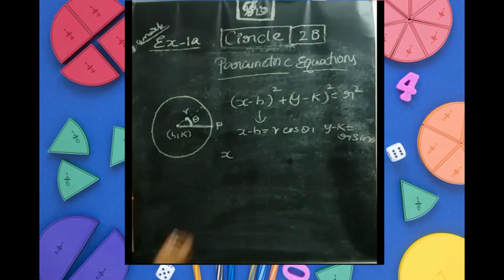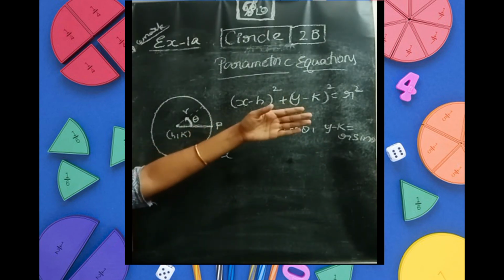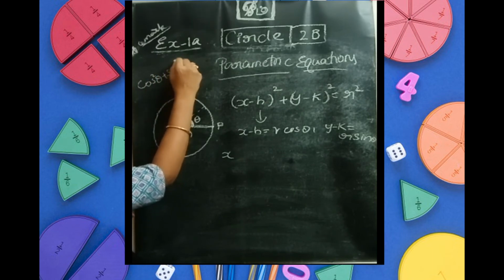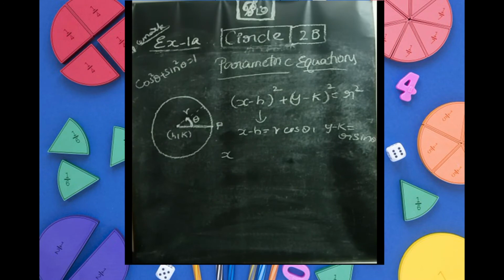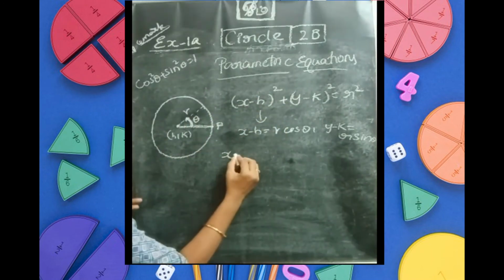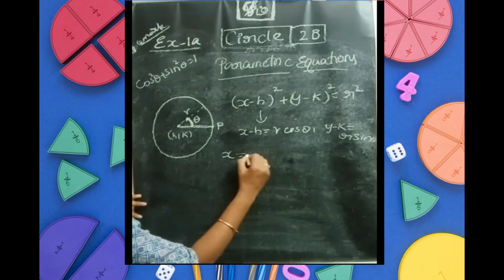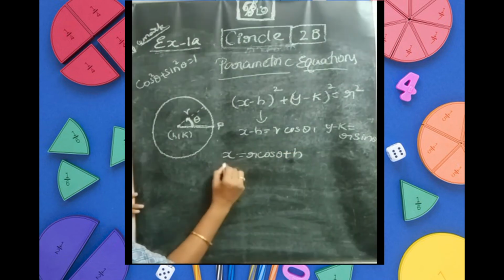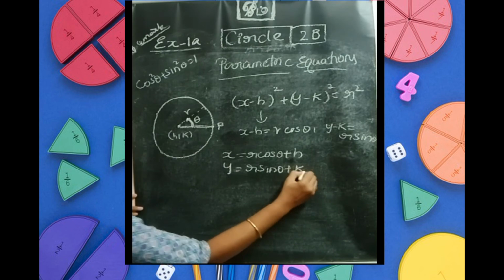Now when we substitute these two values in this, by using cos square theta plus sin square theta equals 1, it will become LHS equals RHS. So the parametric equations are x equals r cos theta plus h, and y equals r sin theta plus k.